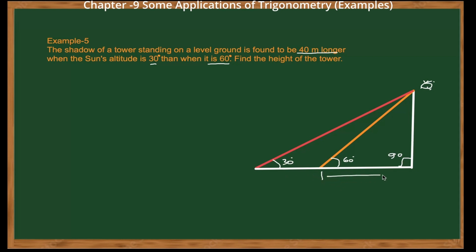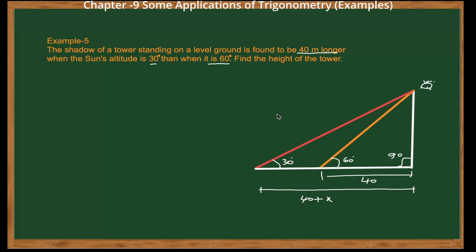This was 40-meter, then this is longer, right? Definitely it is. As you can see, this length will become longer, so this is nothing but 40 plus, we don't know how long it is, but at least it is 40-meter plus x.